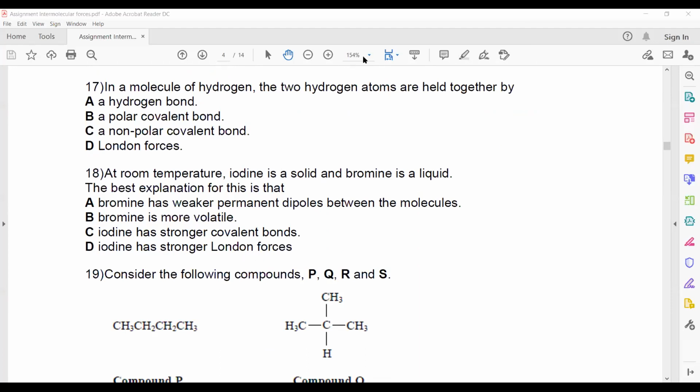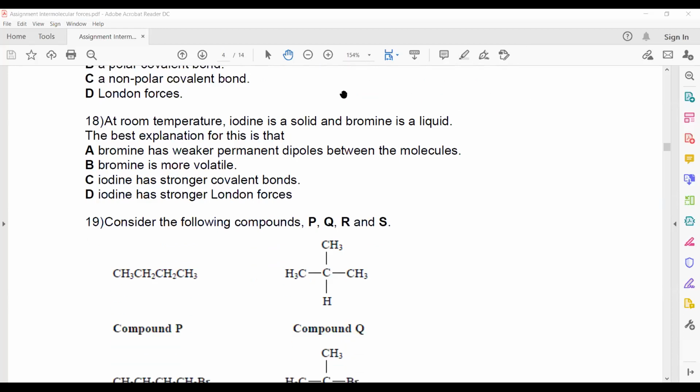So that's a non-polar covalent bond, because they are identical atoms. London force is there, but that is London force between the molecules. They did not ask between the molecules, they're asking between the two hydrogen atoms which are present inside the molecule. But between the molecules, it will be dipole induced dipole force, or London dispersion force.